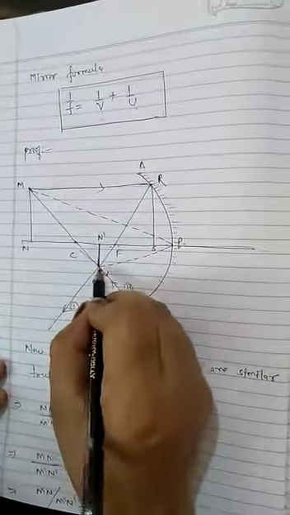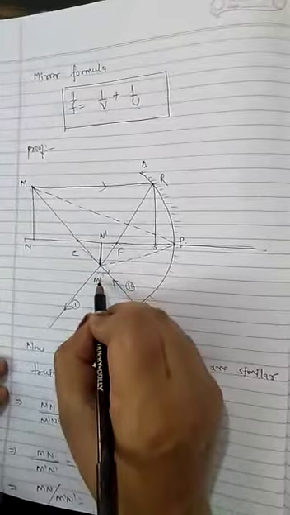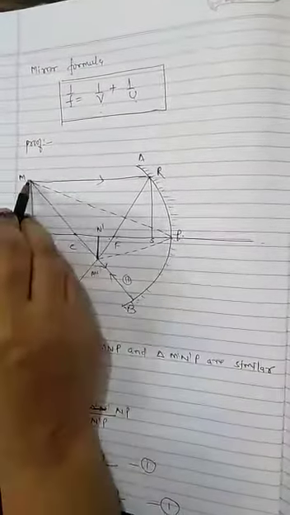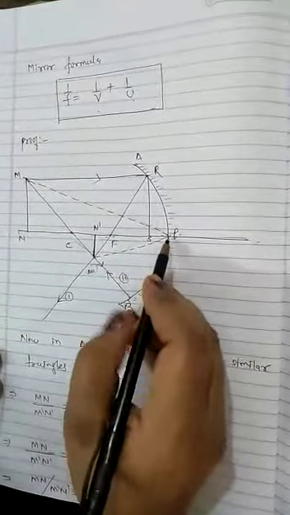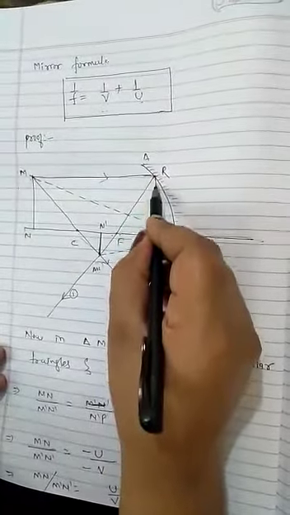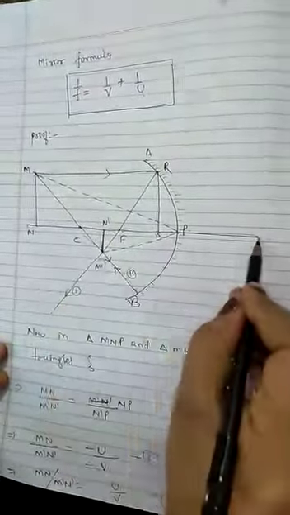Okay, now the geometry. Here we have to join M dash P and MP. Then we have to draw the perpendicular line RS on the principal axis.